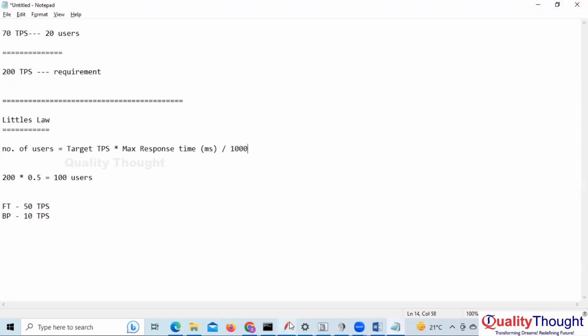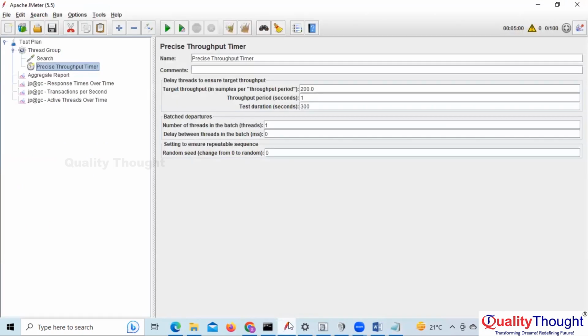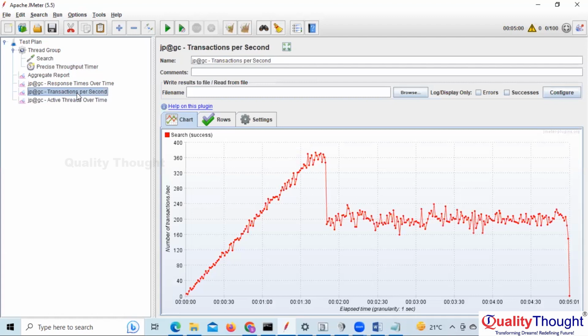I am coming to your question actually. So how do you do if we have different transactions like bill payment, fund transfer, and all that, right? Okay. So this is how you calculate if you have a single transaction, right? See the throughput graph now.